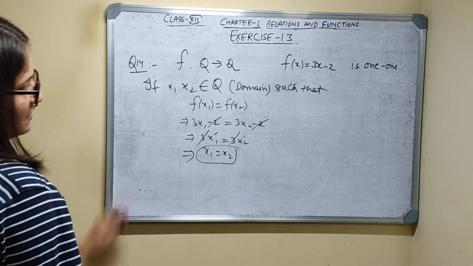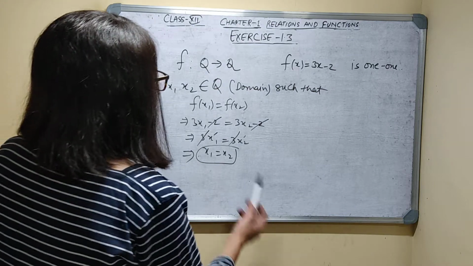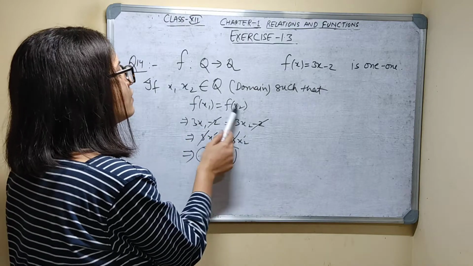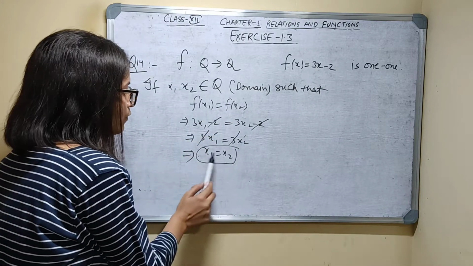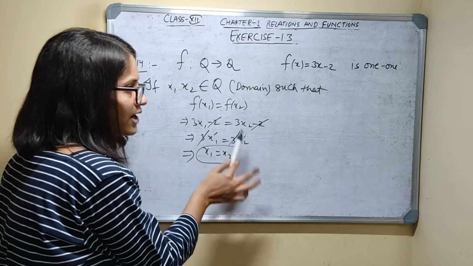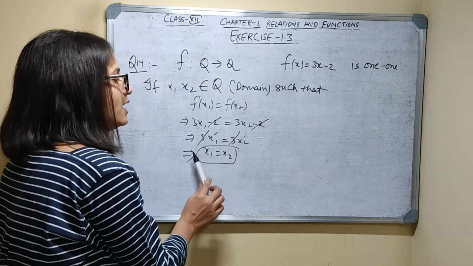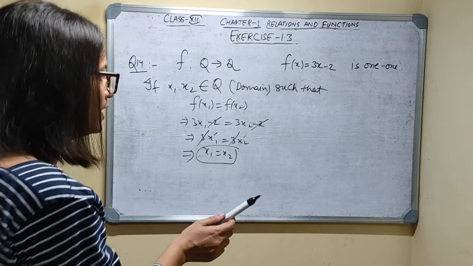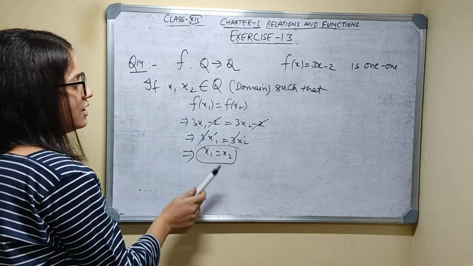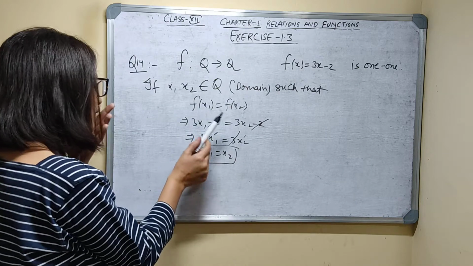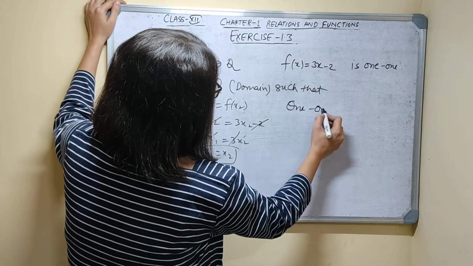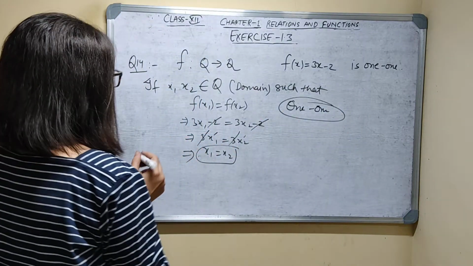Directly I can say, if I take any two rational numbers which are equal, only then the functions will be equal at points x1 and x2, when both are equal. So if f(x1) is equal to f(x2) for any rational number, then only x1 will be equal to x2. Is it clear? Or if x1 is equal to x2, which belongs to rational numbers, then f of x1 is equal to f of x2. So I can say this function is what? One-one function. Any rational number you can take and check.